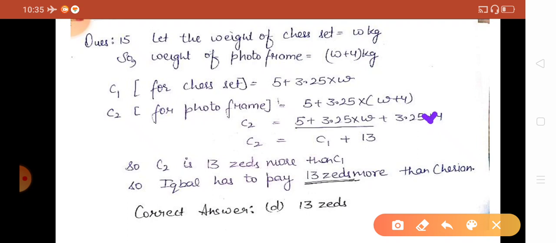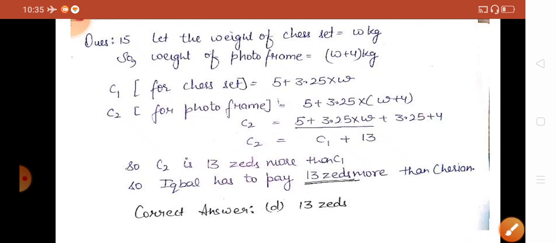The first part will become C1, and 3.25 multiplied by 4 will become 13. So C2 is equal to C1 plus 13. So C2 is 13 Zs more than C1. That means Iqbal had to pay 13 Zs more than Chareen. So the correct answer is option D, 13 Zs.